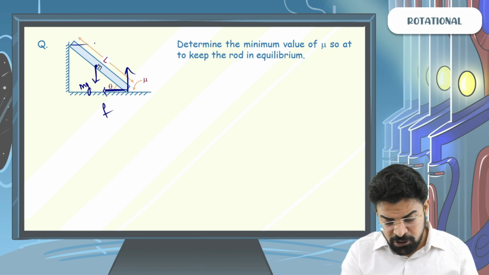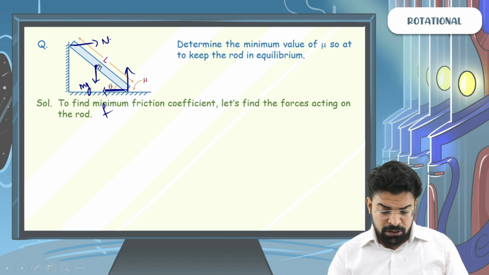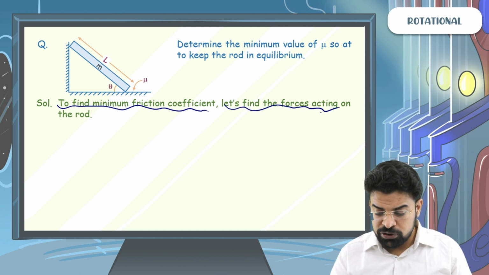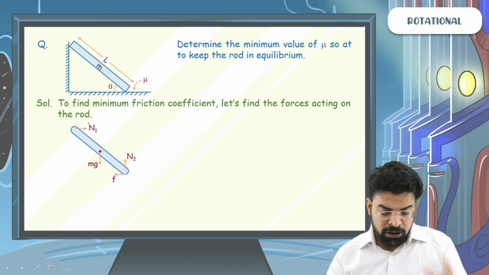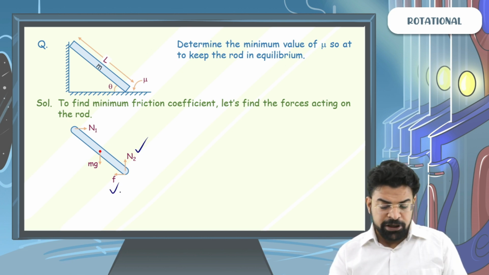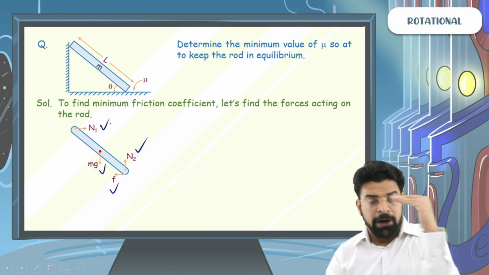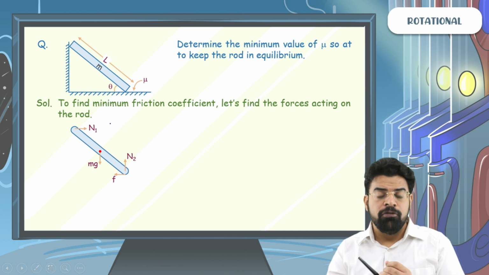So let's say the wall also applies a normal. To find the minimum friction coefficient, let's visualize all the forces acting on the rod: normal by the ground, friction by the ground, force of gravity downward, and the normal force by the wall. Our mission is to find the minimum value of mu.